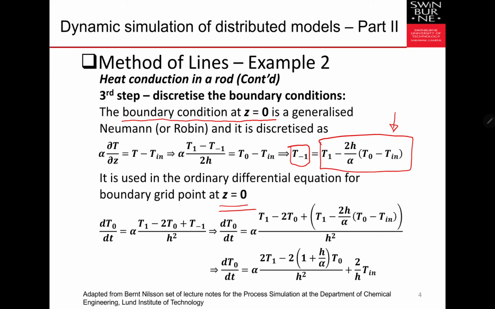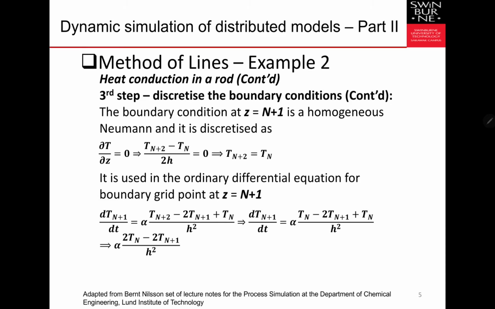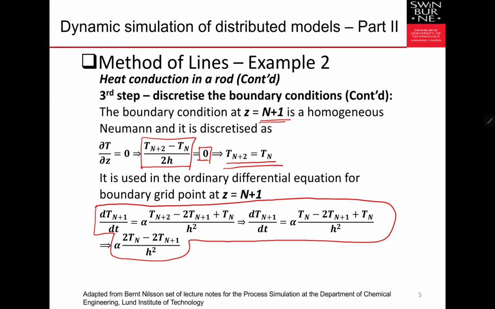Initially we have this T minus 1 that we don't know, so we substitute this value here, and then we have a new equation, or a new ODE, for this dT over dt. Then we also do the same with the boundary condition at z equal n plus 1. We can discretize this as given here, equal to 0, so we have T n plus 2 equal to T n. So we will have an updated ODE at z equal n plus 1.